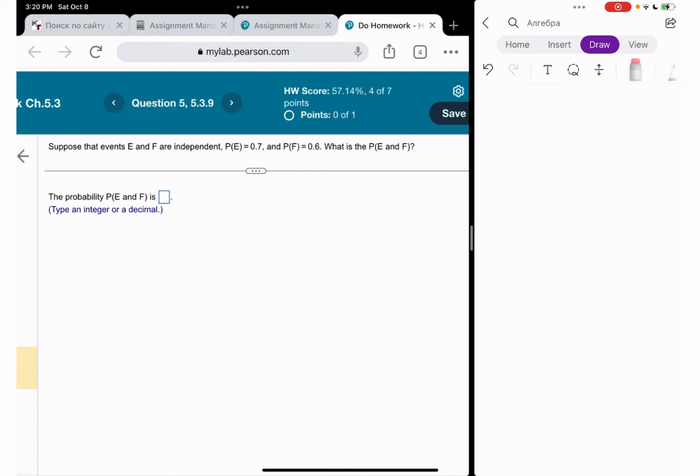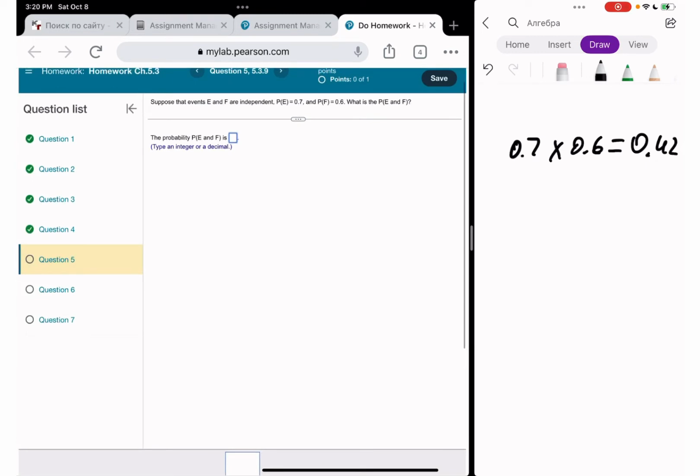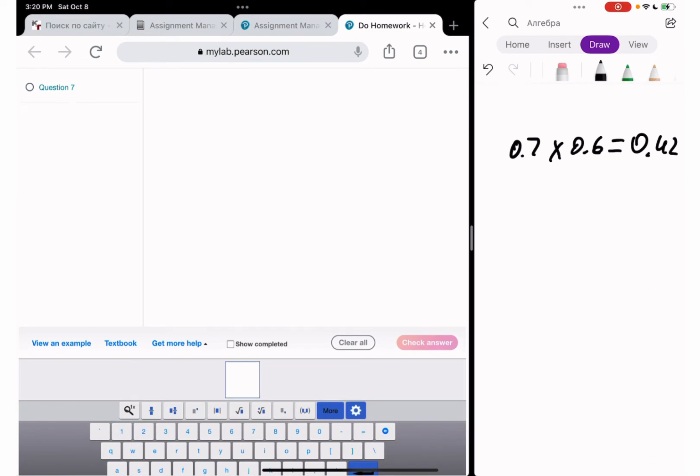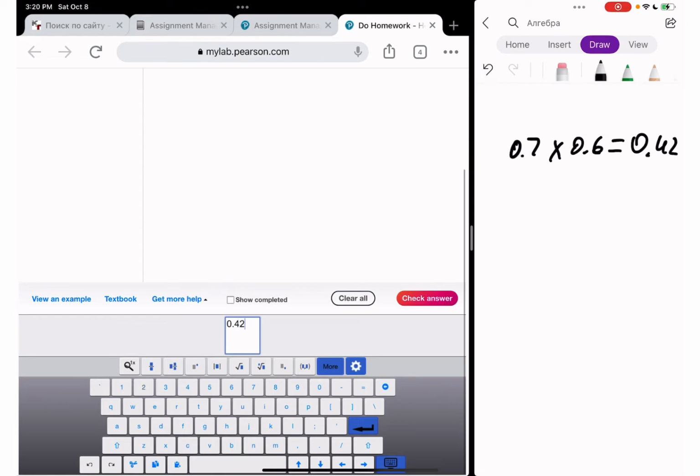We take and multiply 0.7, because we have and. We multiply, right? 0.7 times 0.6, it's going to be 0.42. Zero point 42.